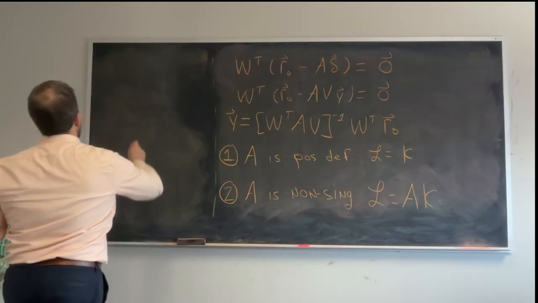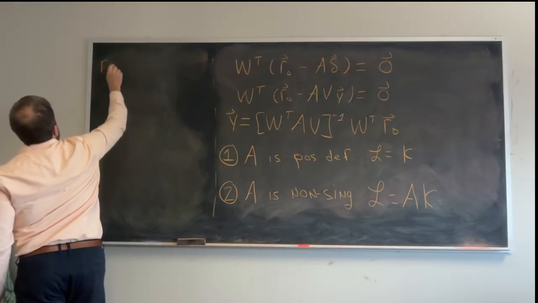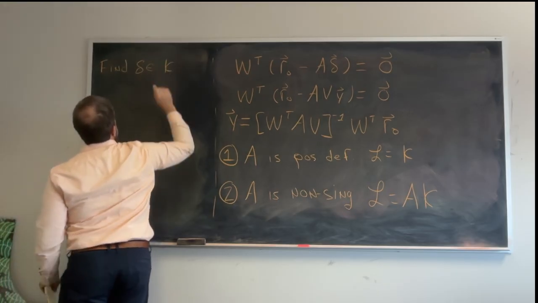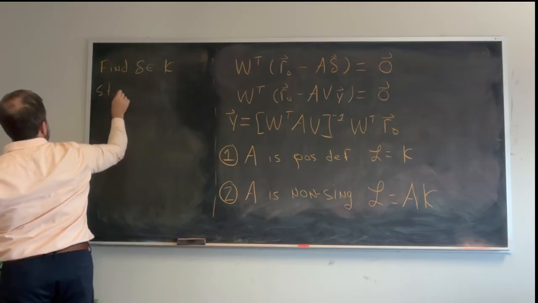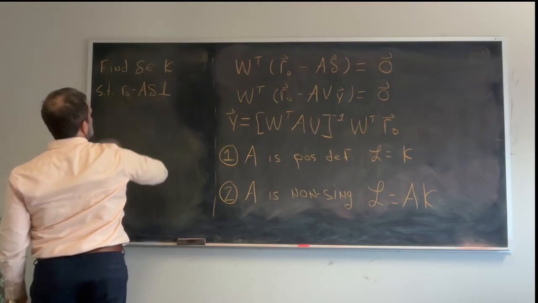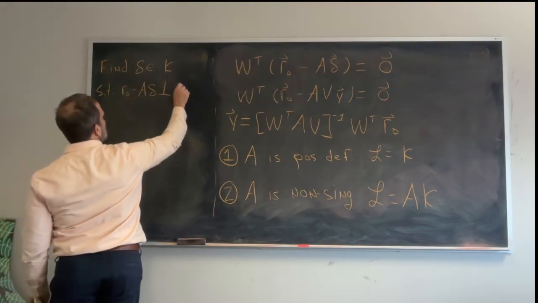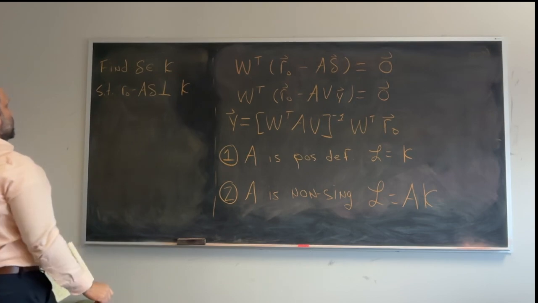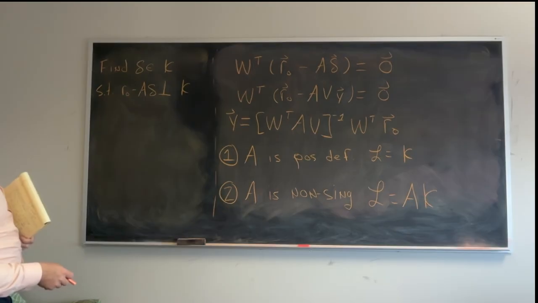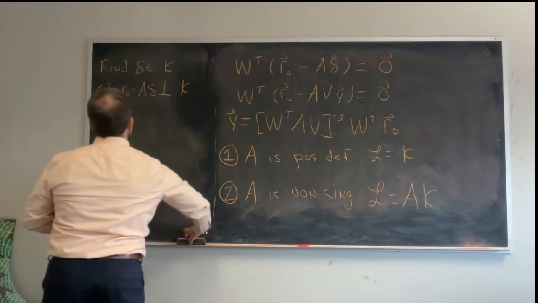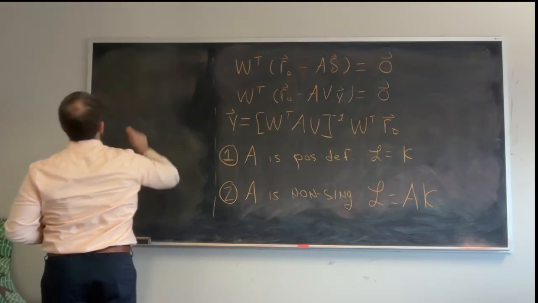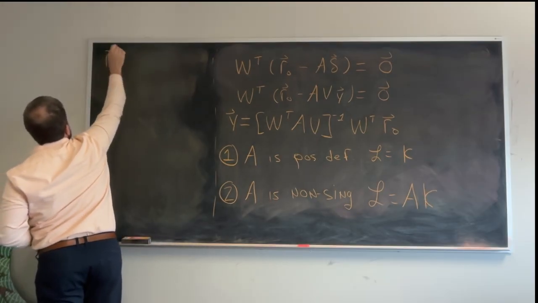So find a delta in some subspace K such that R naught minus A delta is orthogonal to L, but in this case, K is equal to L. So we're going to say it's orthogonal to K. We want to find a delta in K such that R naught minus A delta is orthogonal to K. Actually, let me rewrite this because I want to say something that's going to be true for both methods.